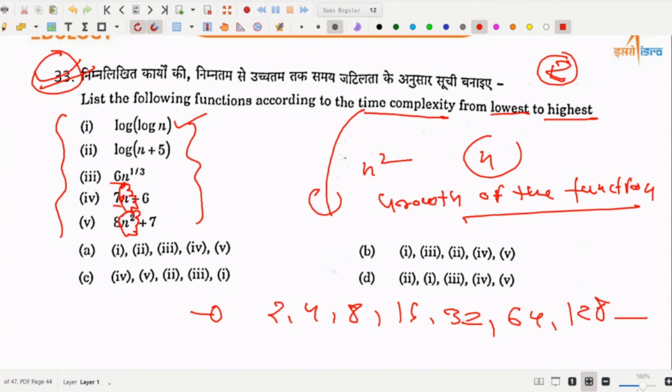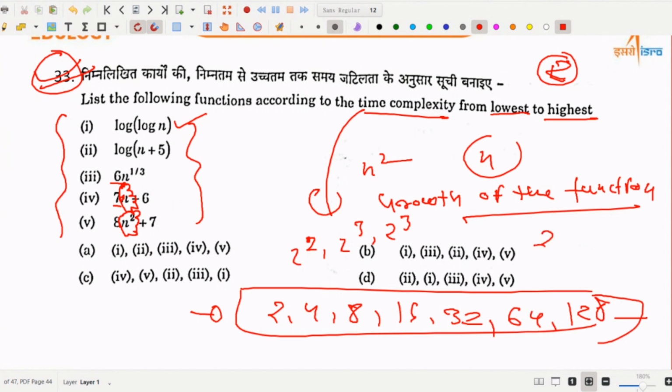This function is increasing by powers of 2. This is a very fast function. If you do 2 power of 10, it is around 1024. There are many other functions which grow even faster.